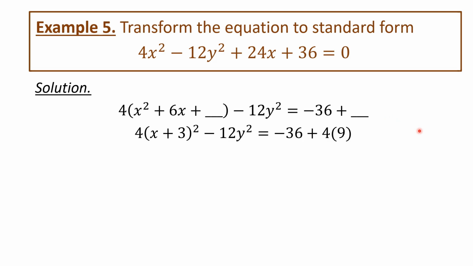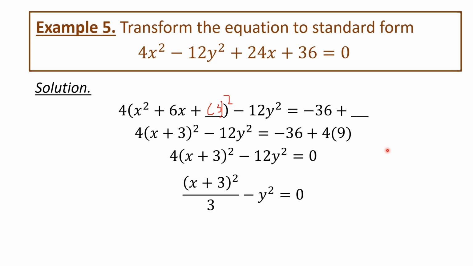So kanina, pinakita na natin that this is just 3 squared. So we now have 4 times (x plus 3) squared minus 12y squared equals negative 36 plus 4 times 9. So that is equal to 4 times (x plus 3) squared minus 12y squared equals 0.